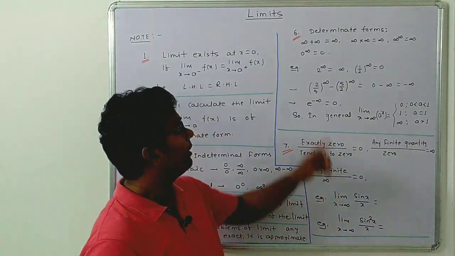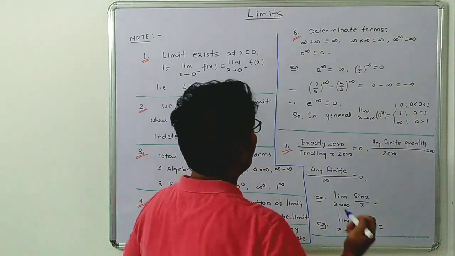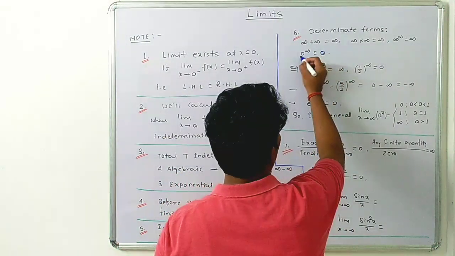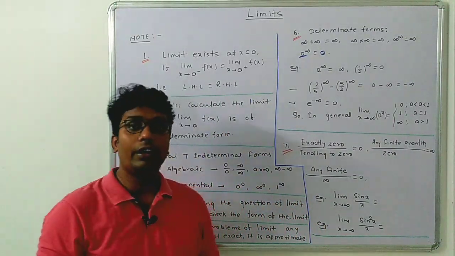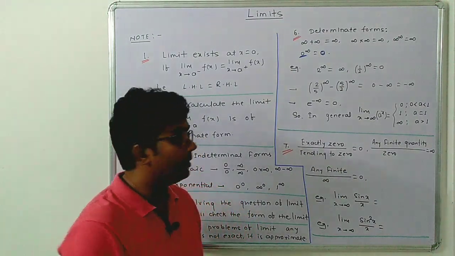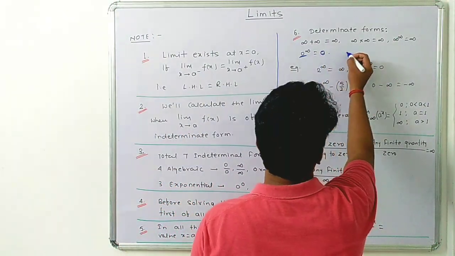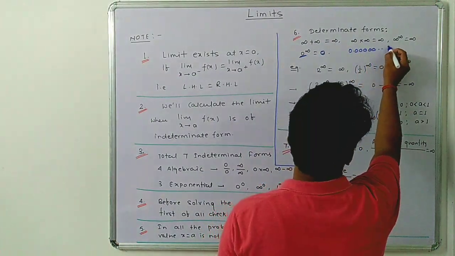Infinity is already a very big number, and raised to infinity, that is again going to give you infinity. And 0 raised to infinity: we are just going to learn about this concept. In a limit, whenever it is x tends to a, it is not an exact value, it is an approximate value. So it is not exactly 0, it is 0.00000 and so on 1.